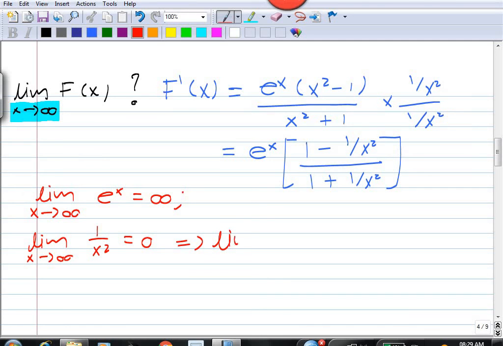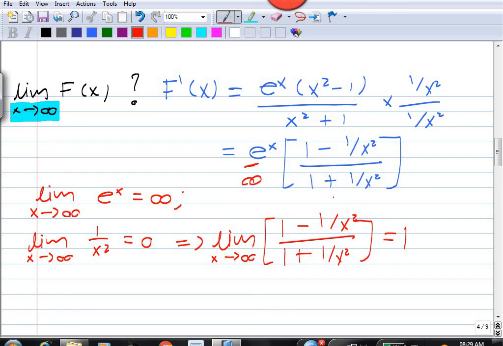And that tells us that as x goes to infinity, this whole thing, 1 minus 1 over x squared over 1 plus 1 over x squared, goes to 1. So that guy goes to infinity, and that guy goes to 1. So we see that the limit as x goes to infinity of the derivative of f equals infinity.